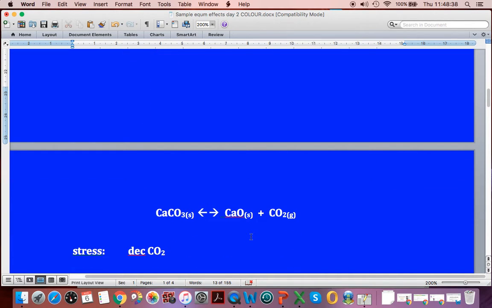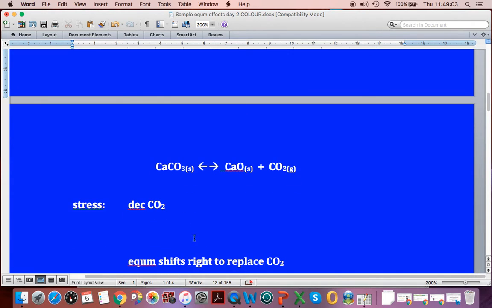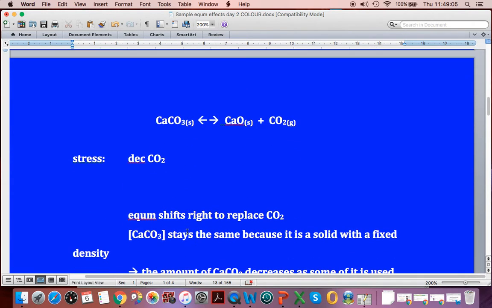Now we're looking at another one. This is calcium carbonate in equilibrium with calcium oxide and CO2. The first two materials are solid, the CO2 is a gas. Our stress is decreasing the CO2. So if that goes down, the equilibrium is going to shift to the right. The concentration of the two solids will not change because they're solid, they have fixed densities, so there's no choice.